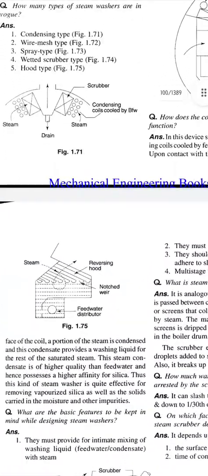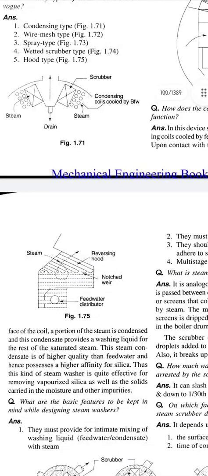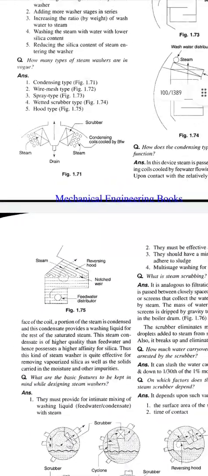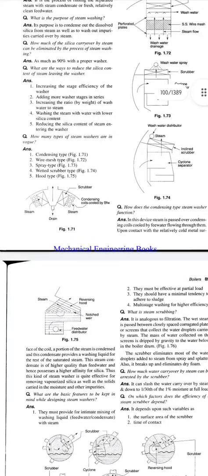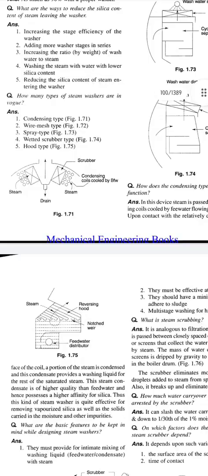So next diagram, hood type. Steam is circulated top of the diagram, and notched wire are provided. Reversing hood is provided. So feed water is distributed from the lower side. Feed water is distributed at the inlet of the washer from below.